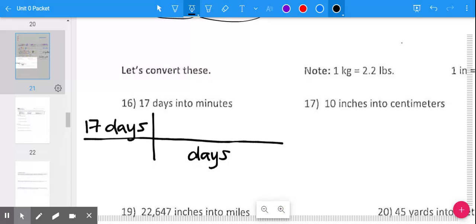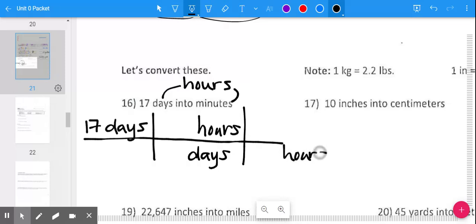Between days and minutes, I know how many hours are in a day, and I know how many minutes are in an hour. So that's the trail I'm going to follow here. I can compare days to hours, and then I have hours up top, so I'm going to have hours on the bottom and minutes at the top.